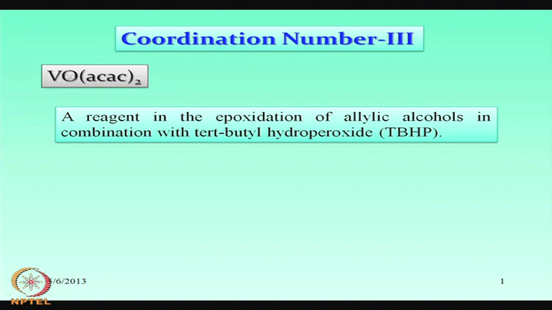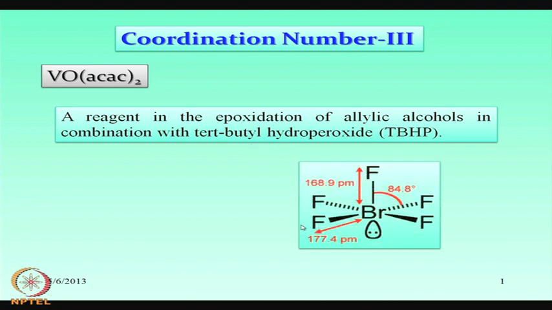But an individual metal salt, say V2O5 or any other vanadyl compound, may not be useful for this simple epoxidation reaction of allylic alcohols. So, we can take the help of one particular type of ligand system, the acac ligand system, which is bound to the vanadyl system and delivers the catalytic activity.